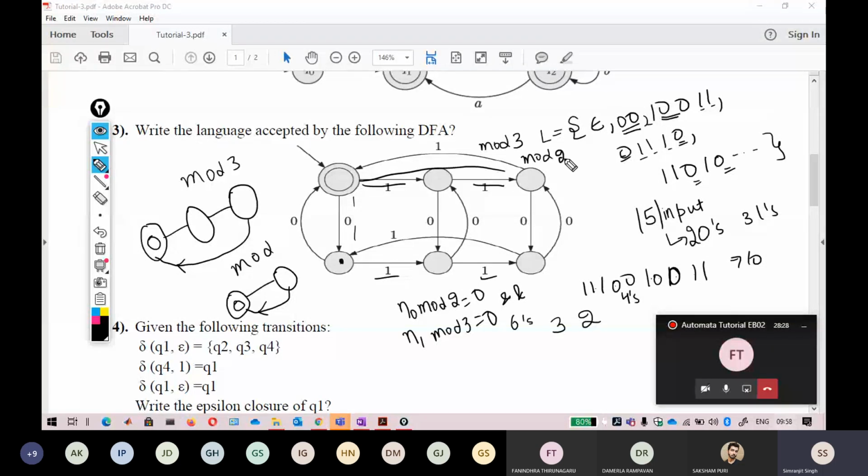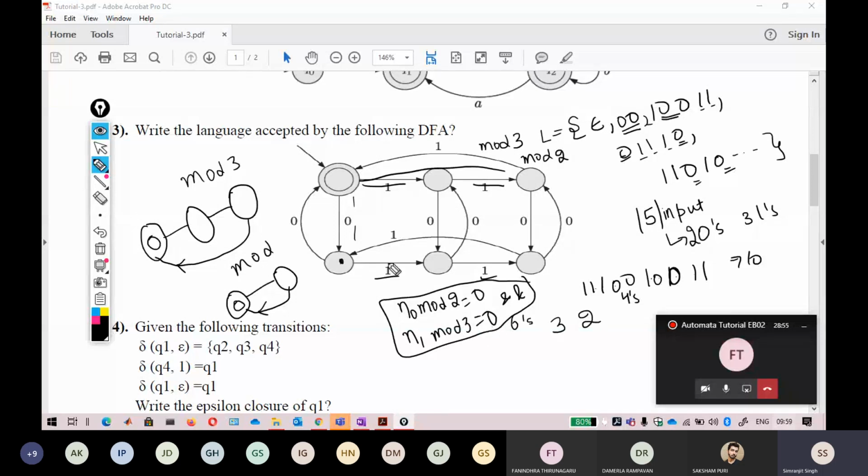Now you have to check that mod 2 is employed for zeros. It means the number of zeros mod 2 is equal to 0, so the number of zeros in it is divisible by 2. In the same way, the number of ones in it is divisible by 3. So this is your language here: the number of zeros mod 2 is 0 and the number of ones mod 3 is 0.